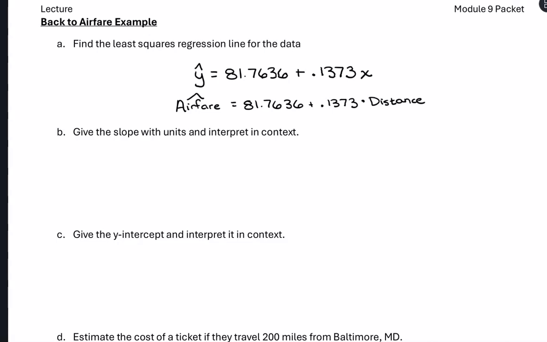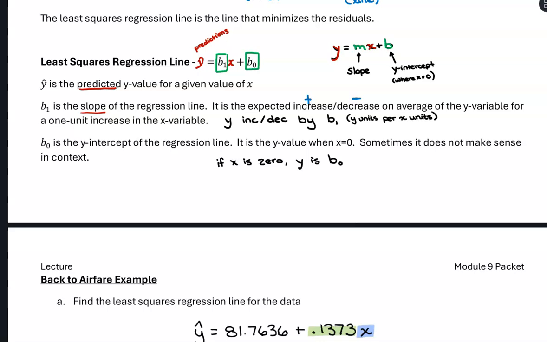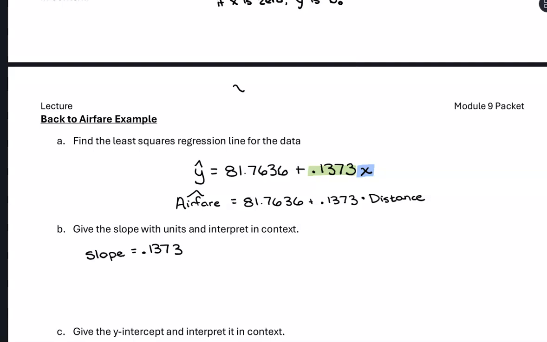Okay, give the slope with units and interpret in context. So, slope. What I do when I go looking for slope is I look for x first, because my slope is multiplying it. So, slope is going to be 0.1373. Now the units, and I kind of wrote this out on the previous page, y units per x units. So let's actually just rewrite this up here.